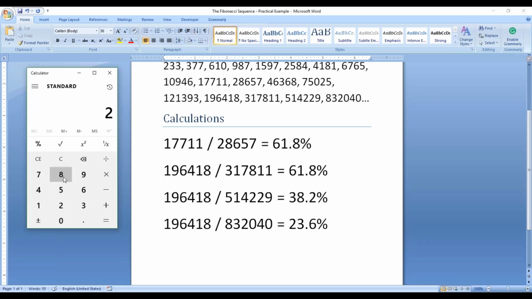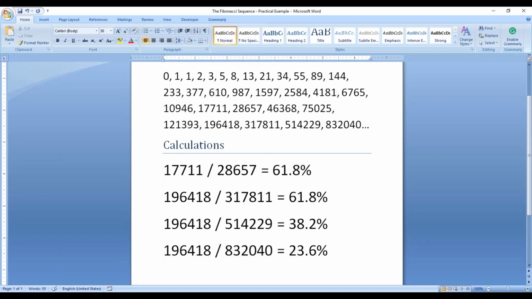So 28,657 divided by 75,025 gives you a result of, voila. When we multiply this number by 100, we get the percentage, which is 38.2 after rounding.